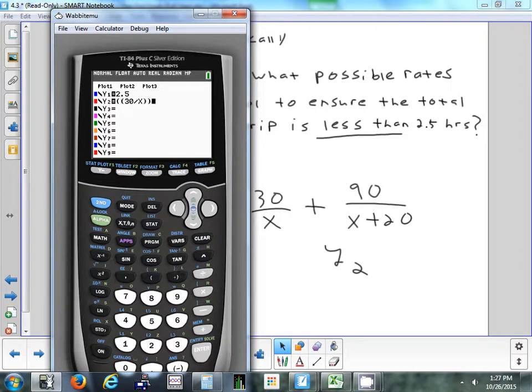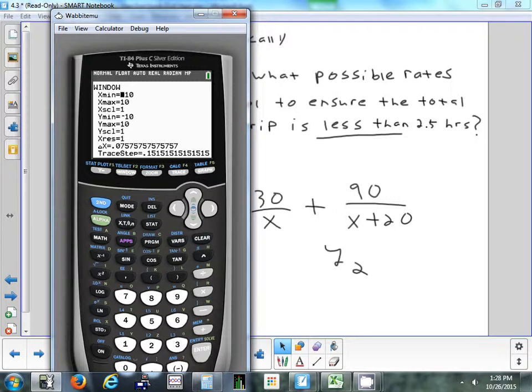In this case, I don't think I needed the double parentheses, but in this one, I will just to be safe. 90 over x plus 20. Oh, thank you. Division sign right there. All right, so we'll graph it and see what happens.